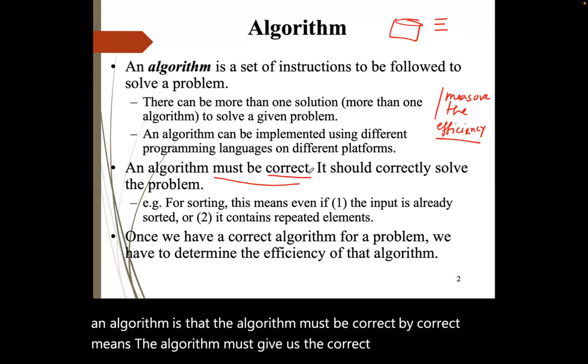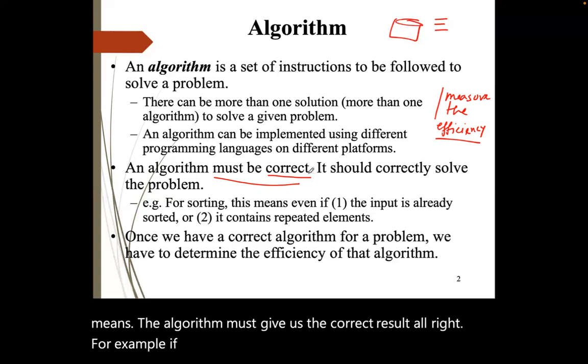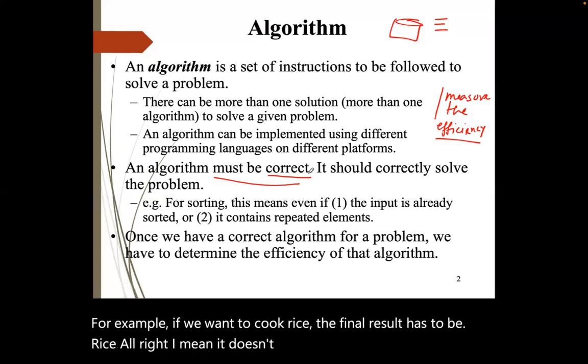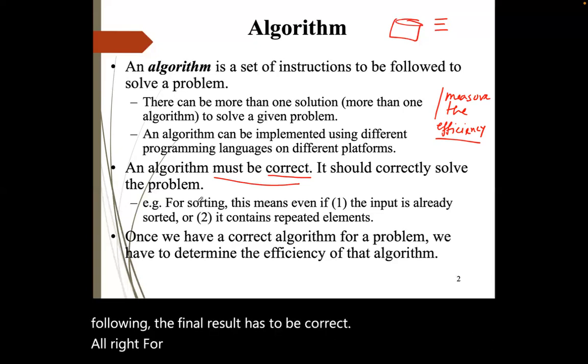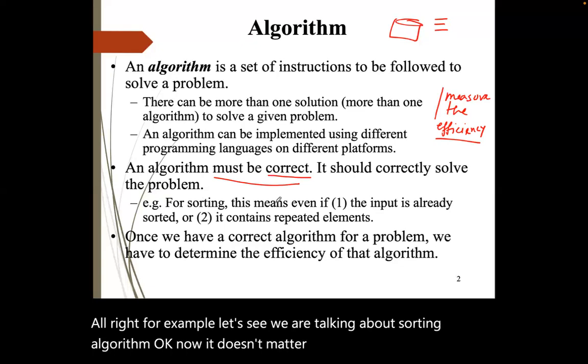All right. For example, if we want to cook rice, the final result has to be rice. All right. It doesn't matter which path we are following, the final result has to be correct. For example, let's say we are talking about a sorting algorithm. Okay. It doesn't matter what the data format is.